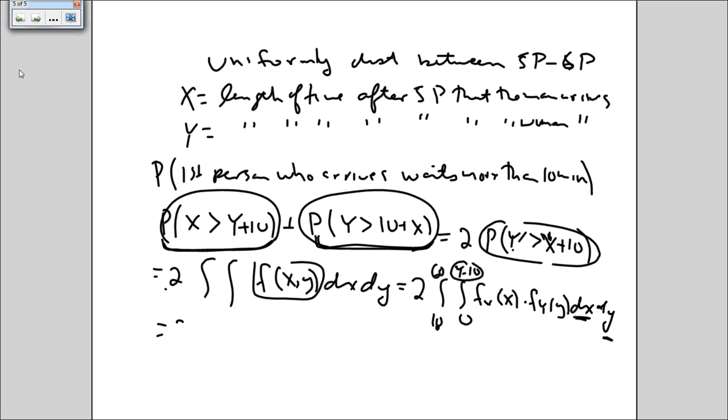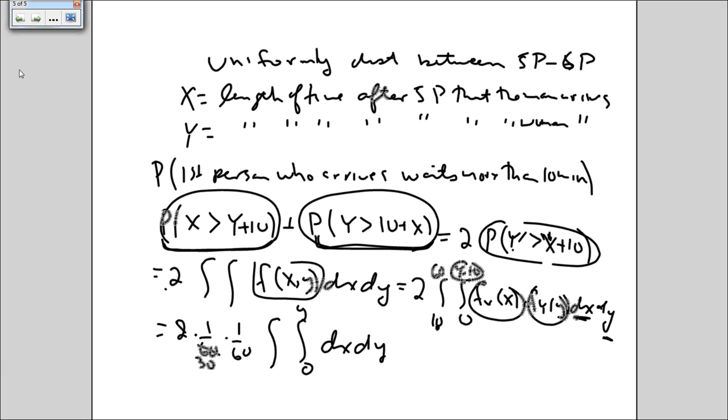So you have 2 times, 1 over, you can factor it. 1 over 60 squared, and the 2 goes in. The limits are 0 to y minus 10, 10 to 60.